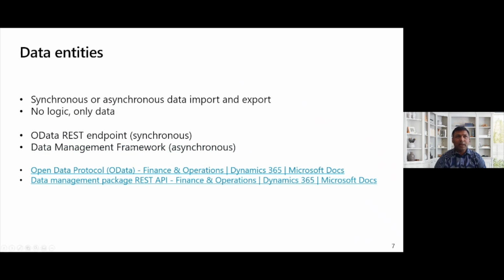And then data entities, we have lots of data entities that are available out of the box. So if you're looking at product information, bills of material, routes, we have entities for all of that already.